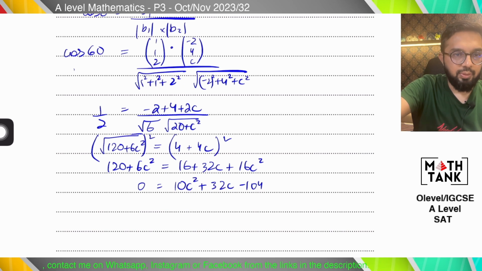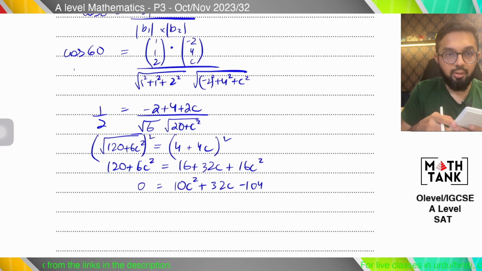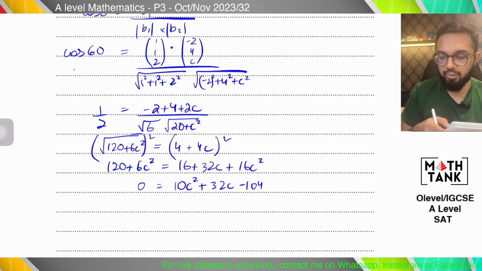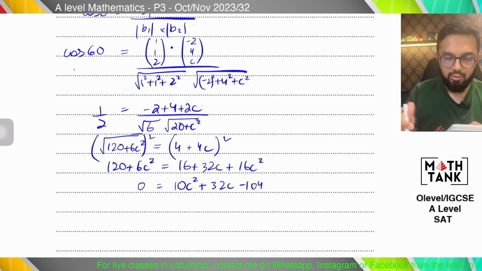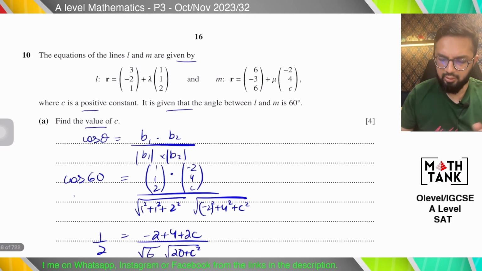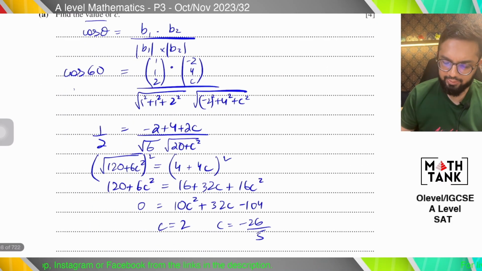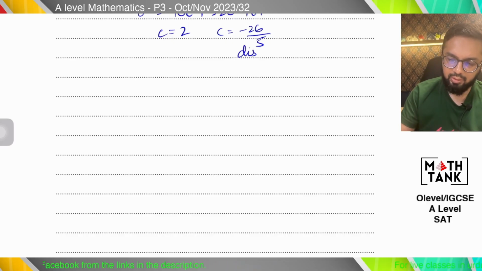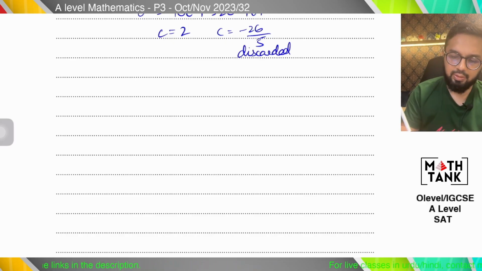Hope I am doing this correctly. Yep. Okay. Solving this on my calculator, using the quadratic formula, I'm getting c equals 2 or c equals minus 26 over 5. It says c is a positive constant, so this is discarded and I get just one answer out of this.